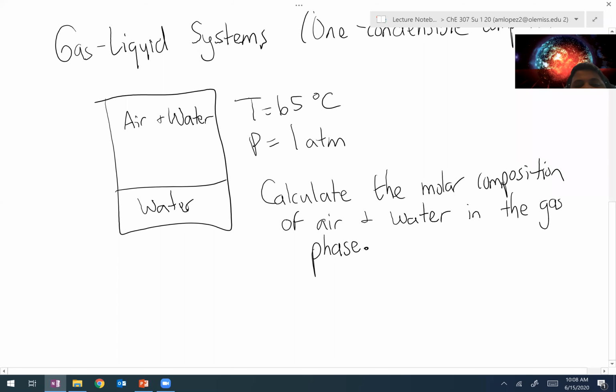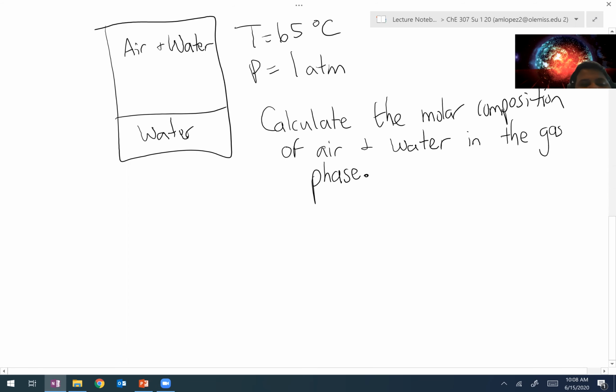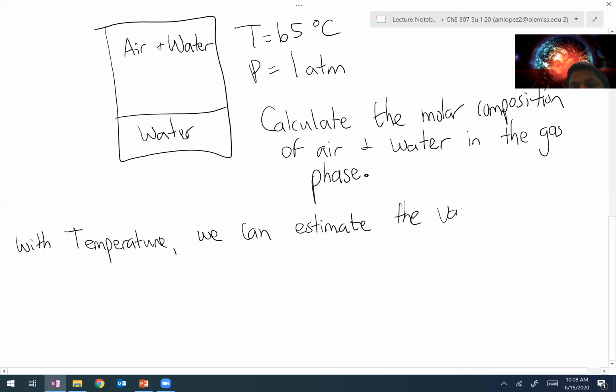Well, we have the temperature and pressure, and that should allow us to determine the vapor pressure of water. With the temperature, we can estimate the vapor pressure of water.